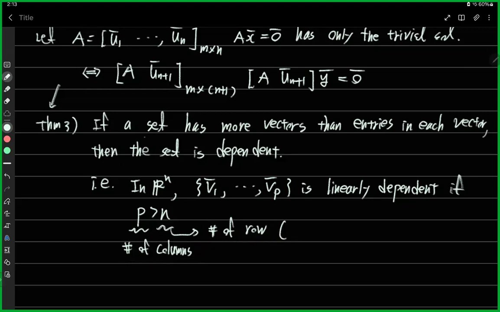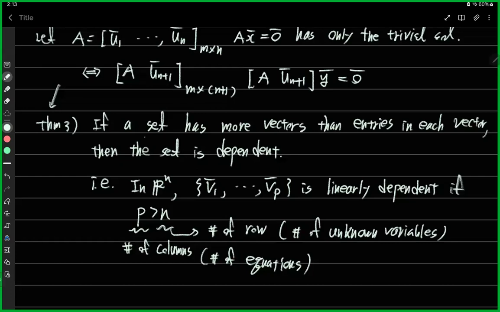In other words, the number of rows is the number of unknowns, the unknown variables, and the number of columns is the number of equations.